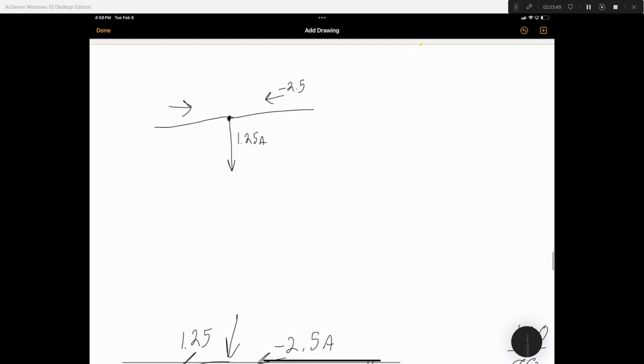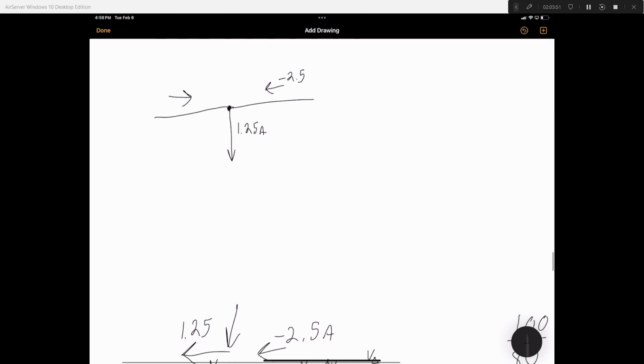So if we draw this, the current coming in would be positive since it's coming towards it, plus 1.25 is equal to 3.75 amps. You also have to note that this is the source.